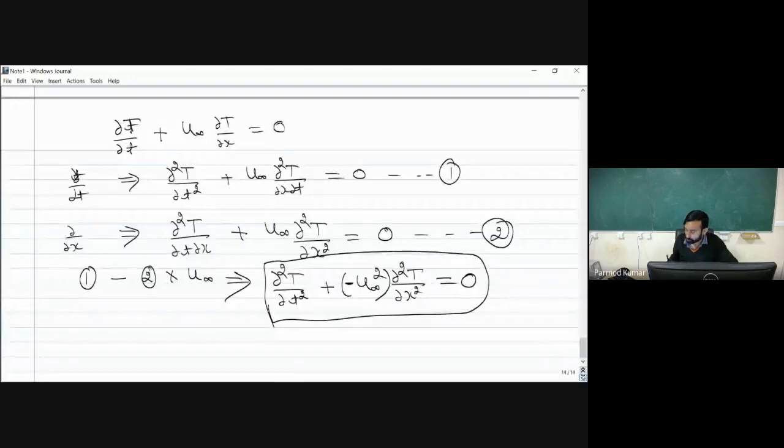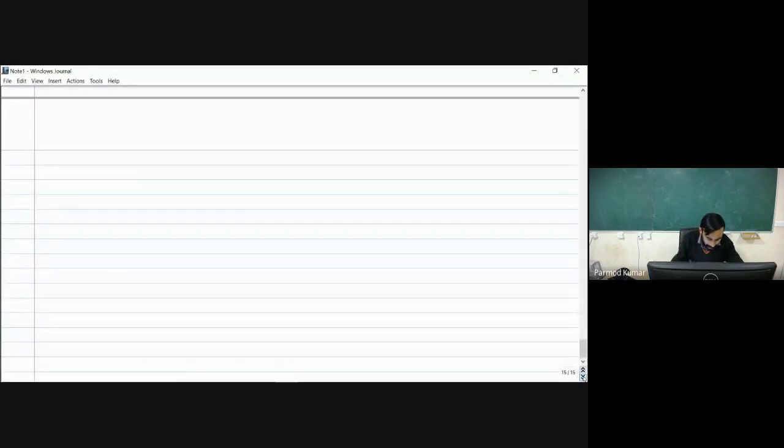Now, let me briefly tell you about the different terms involved in our equations, and what will be the nature of each individual term. Our generalized scalar transport equation is del rho phi by del t plus divergence of rho phi into v vector equal to divergence of gamma into gradient of phi plus some source term.